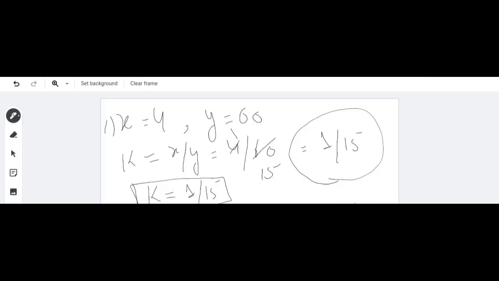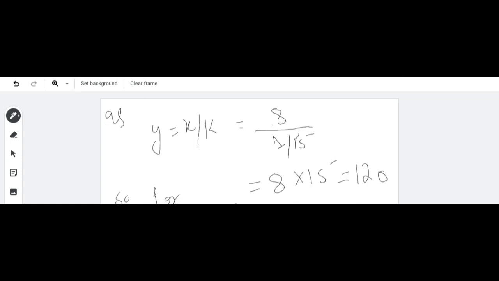Just like here. What is the value of x? 8. We have to find the value. What is the value of k? This is the value of k. Now, I will switch the formula like this. Before this, I have the formula k is equal to xy. But we don't have the value of y. So we can switch the place of y and put the value of x and k, so we can get the value of y.